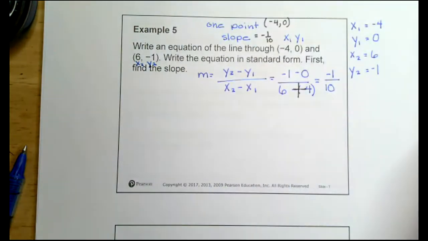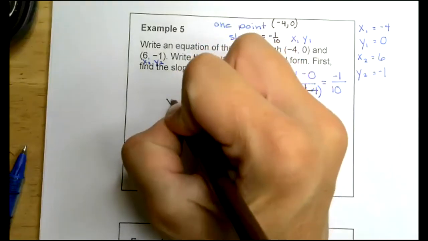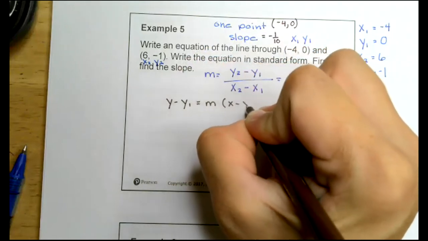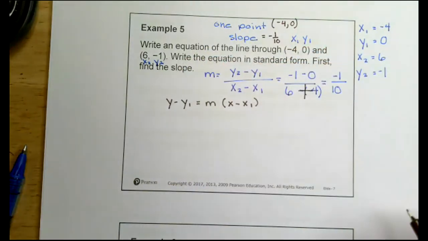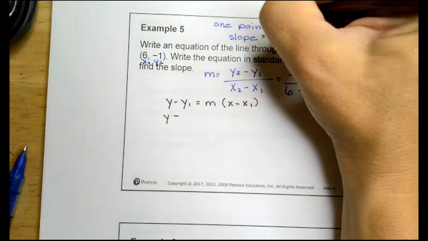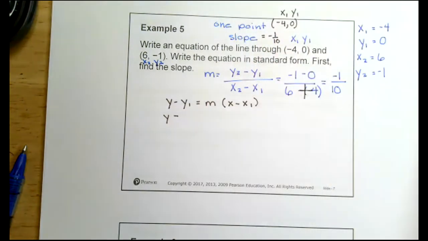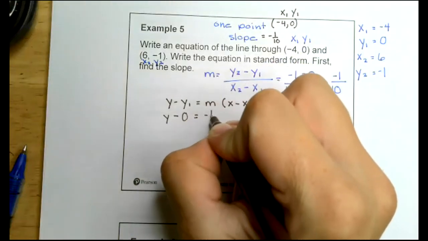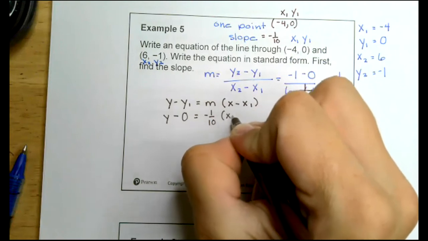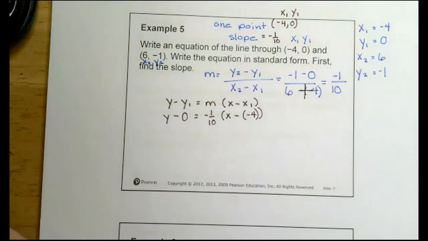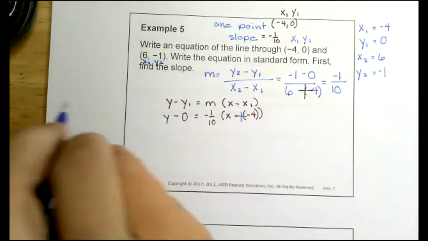If you have one point and the slope, you can now use the point-slope formula. Y minus y1 equals m times x minus x1. Y minus 0 is -1/10 times x minus -4. That becomes a positive.